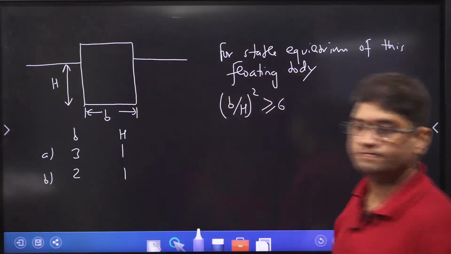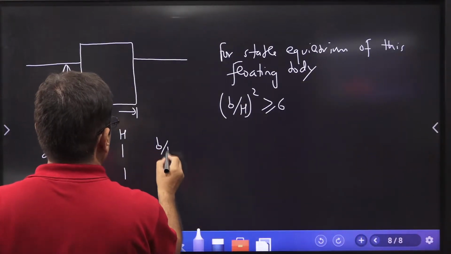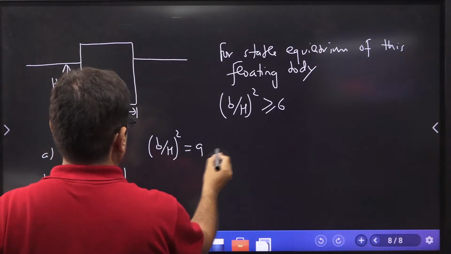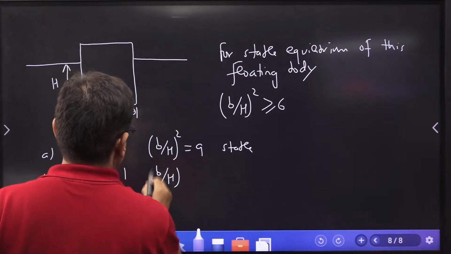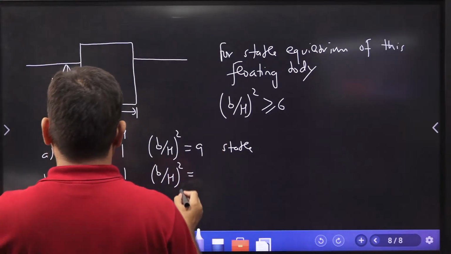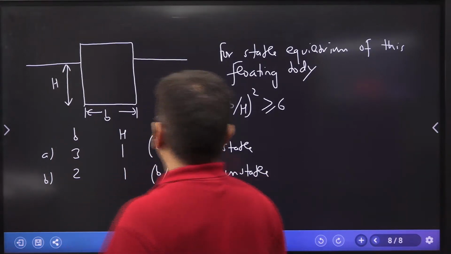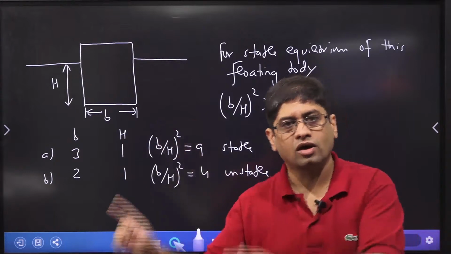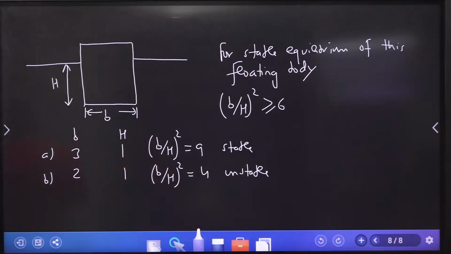That is the condition. In the first case, B by H whole square is 9, so it is stable. In the second case, B by H whole square is 4, so it is unstable. This is how you decide whether a floating body is stable or unstable. That is important for us to know. It defines the stability of the body.